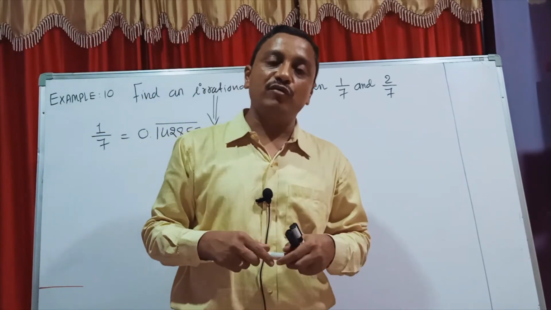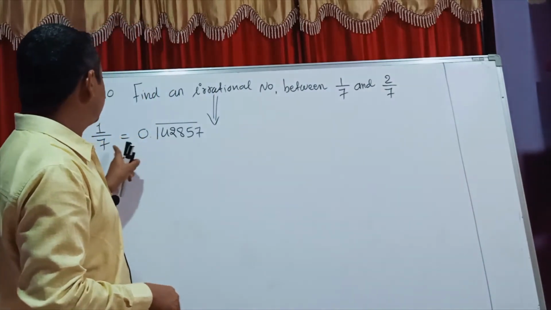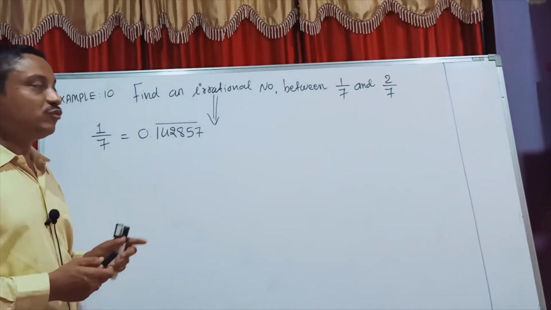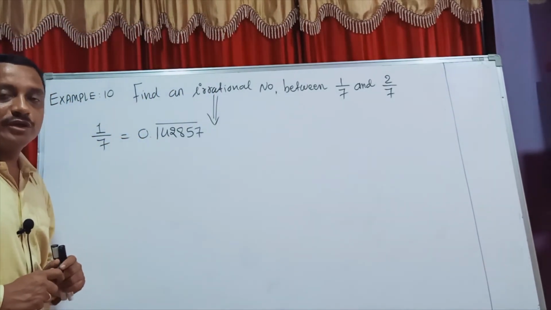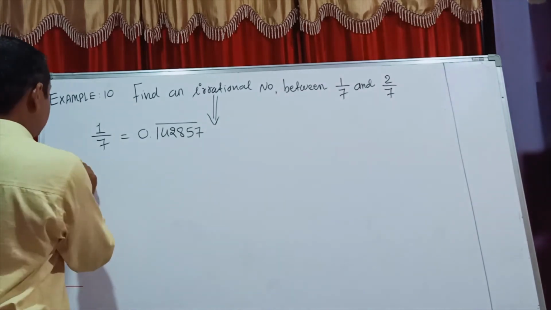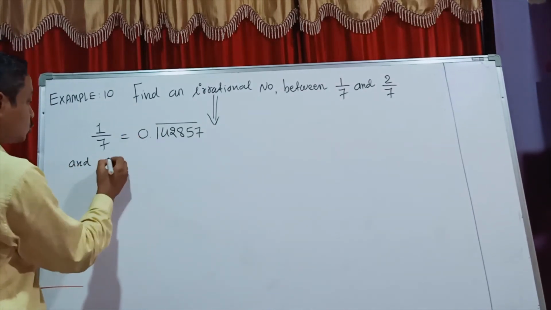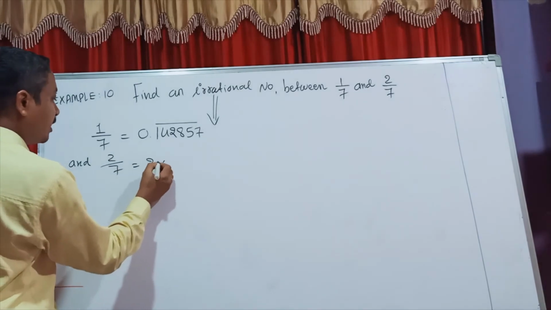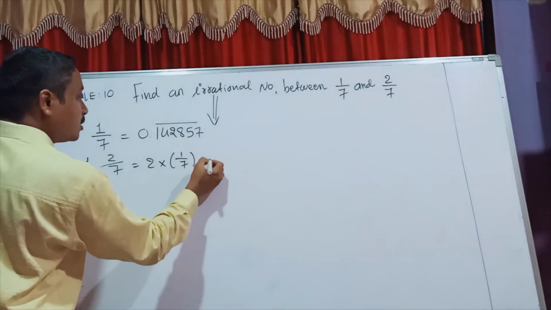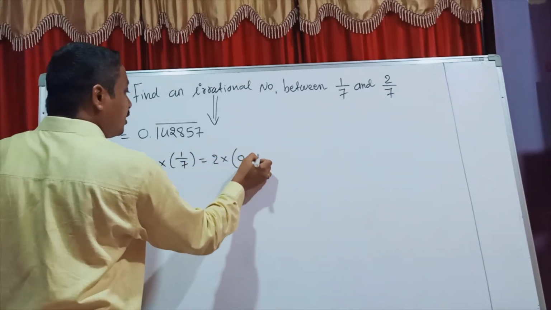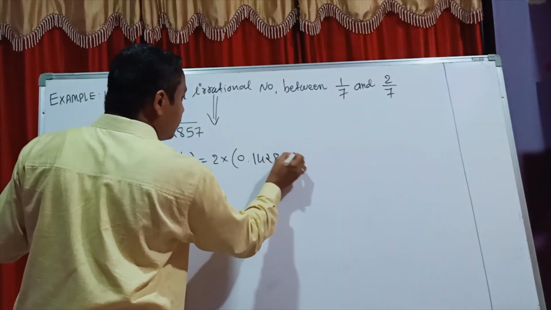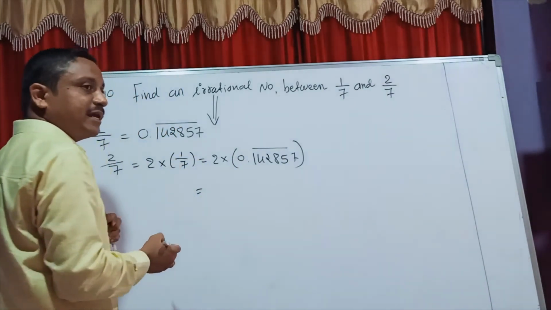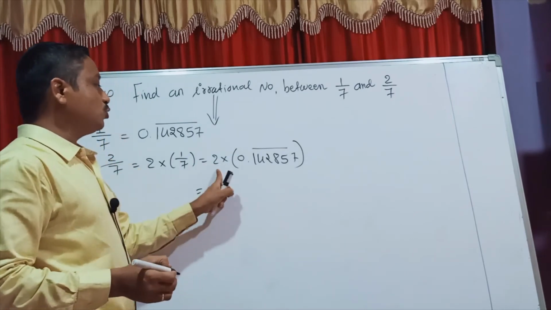Already you know that it is value for 142857 in your example. So here direct calculate, and this 2 by 7, just I calculate 2 into 1 by 7, which is value for 0.142857 bar, and just you multiply that.